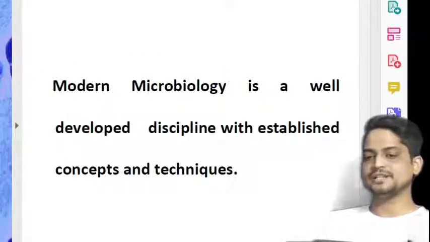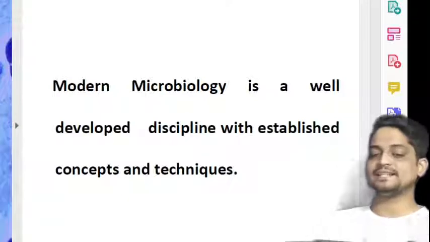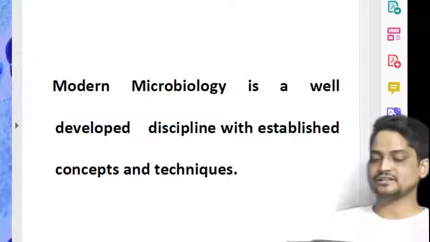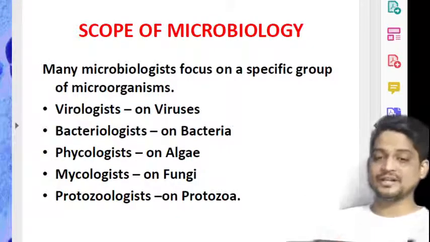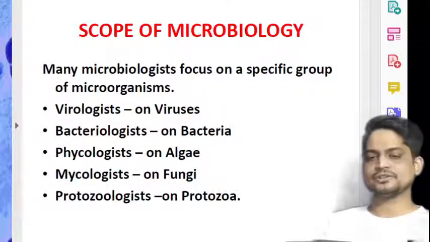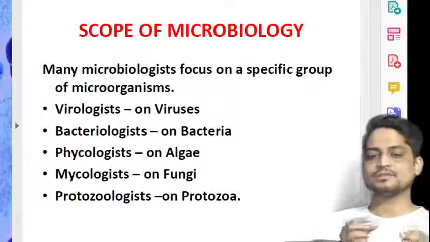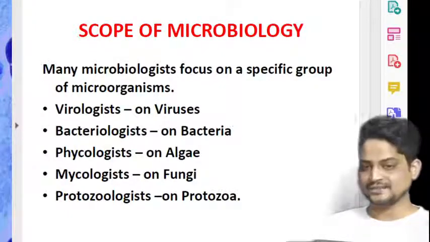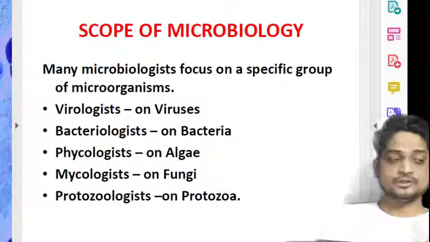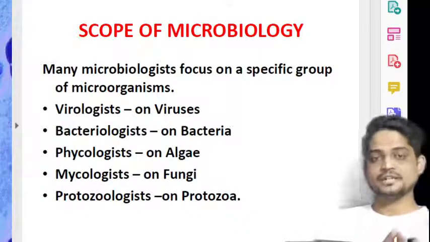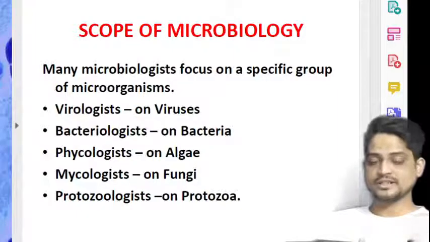Modern microbiology is a well-developed discipline with established concepts and techniques. Now, let's talk about the scope of microbiology. Many microbiologists focus on a specific group of microorganisms so that they could make better observations on particular organisms.